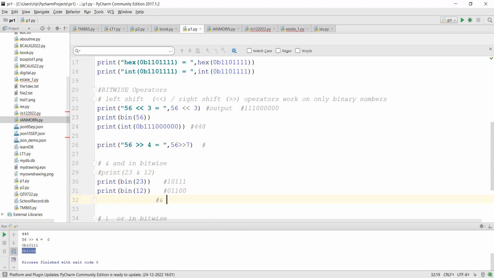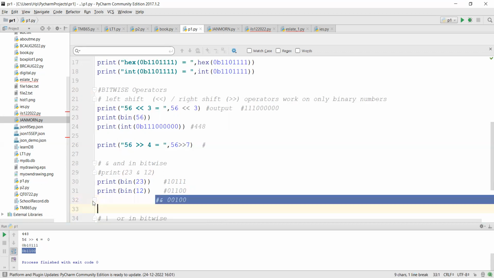Come on. 0. 0 and 1? 0. 1 and 1? 1. 1 and 0? Sorry, 0. And 1 and 0? Again 0. So bitwise AND is 0 0 1 0 0.